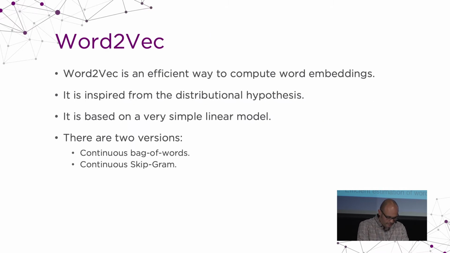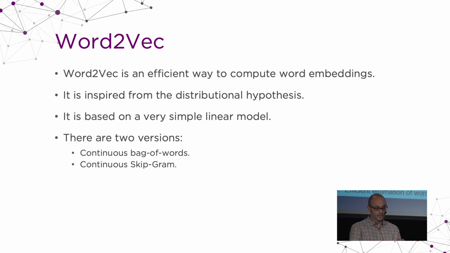So word2vec is a way to compute word embeddings. As I said, it is based on a very simple linear model, so that's why it's very, very efficient. And it is strongly inspired by the distributional hypothesis. If you remember, we summarized the distributional hypothesis as creating a link between a word, the context of the word, and the semantics.